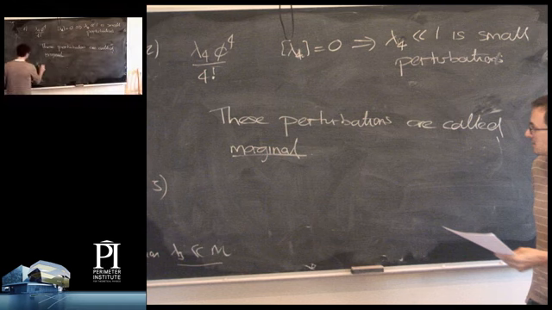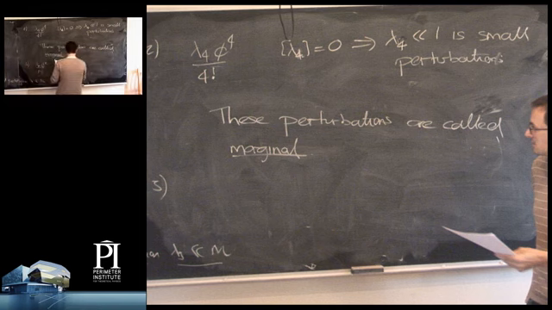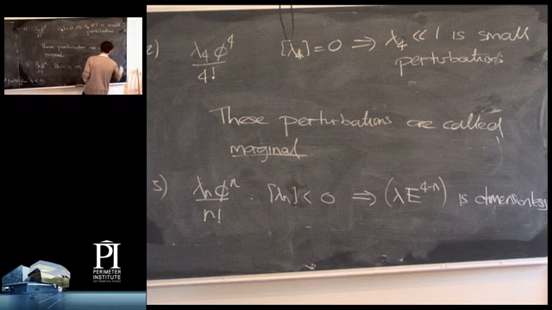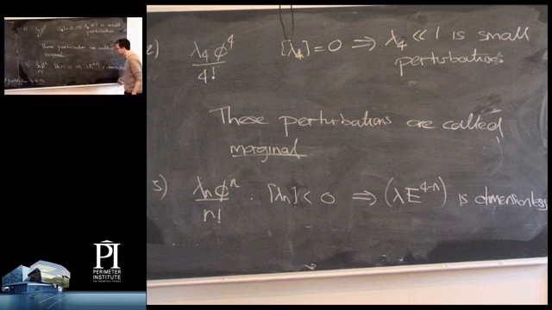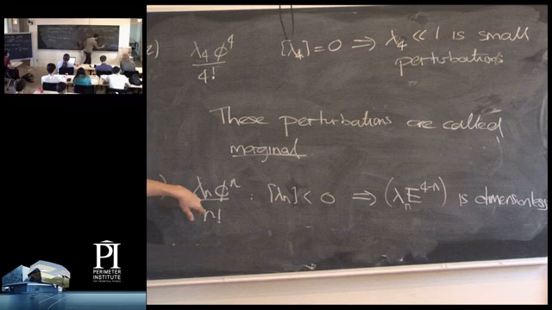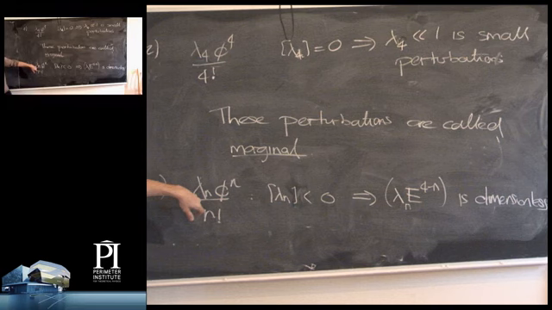Finally, the other case, for these guys where it's phi to the 5 and phi to the 6 and higher, the object here has mass dimension that's negative.